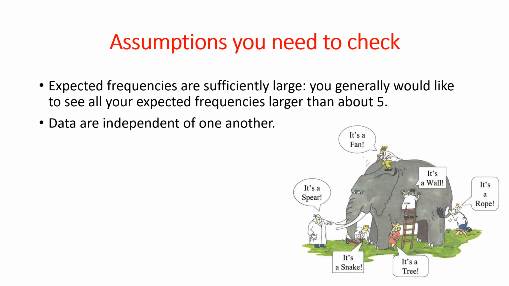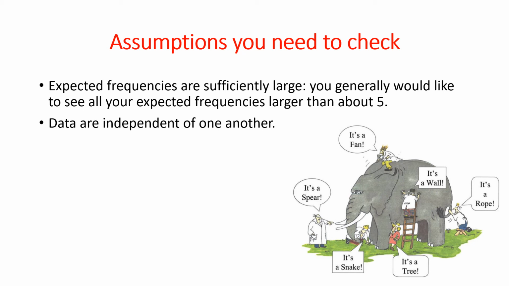There are also two main assumptions you need to check before you do a chi-square test of independence or association. You need to make sure that your expected frequencies are sufficiently large. The rule of thumb says that you should have at least five in expected frequency in each of those cells I've just showed you. And the second assumption is that the data points should be independent from one another.